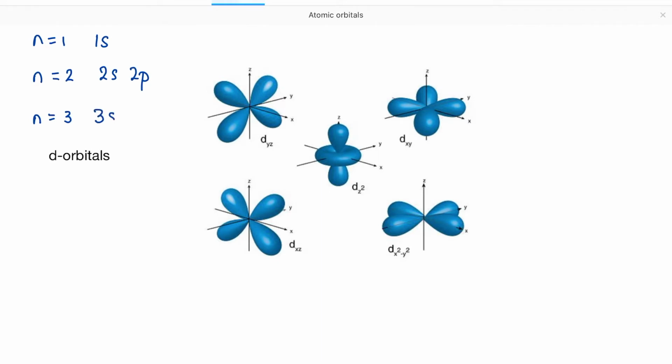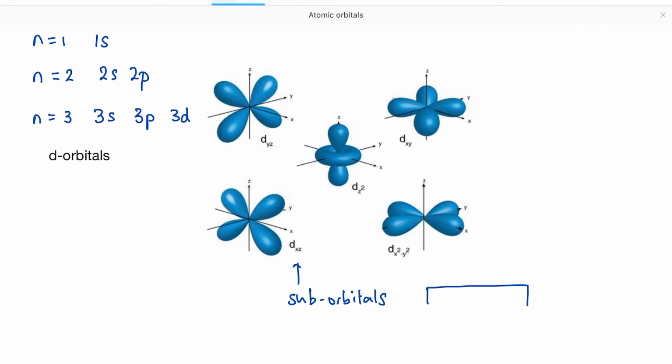We've got the s, the p, then as you can see here, d orbitals. Now, these, a bit like the px, the py, and the pz, are our sub-orbitals, and there are 5 different d orbitals. So if I have an electron in a 3d orbital, it will occupy one of these sub-orbitals.